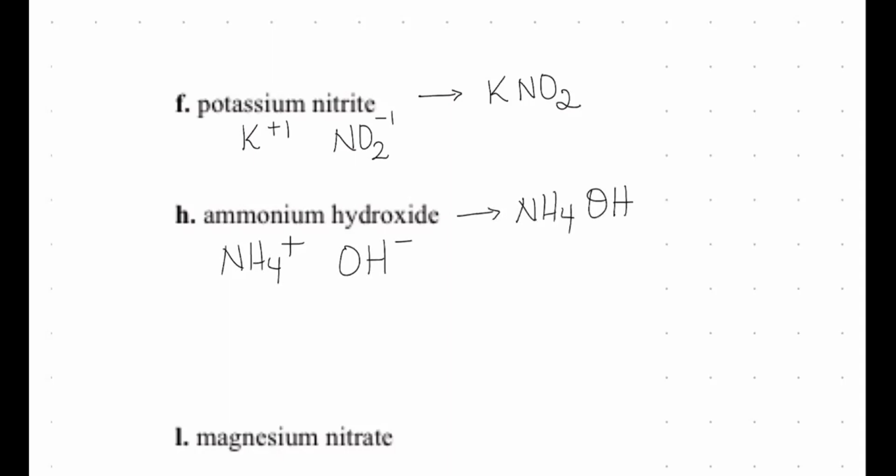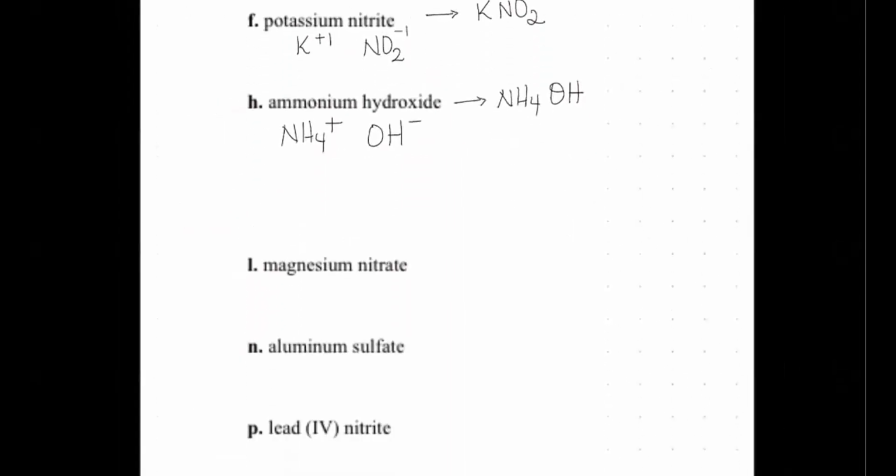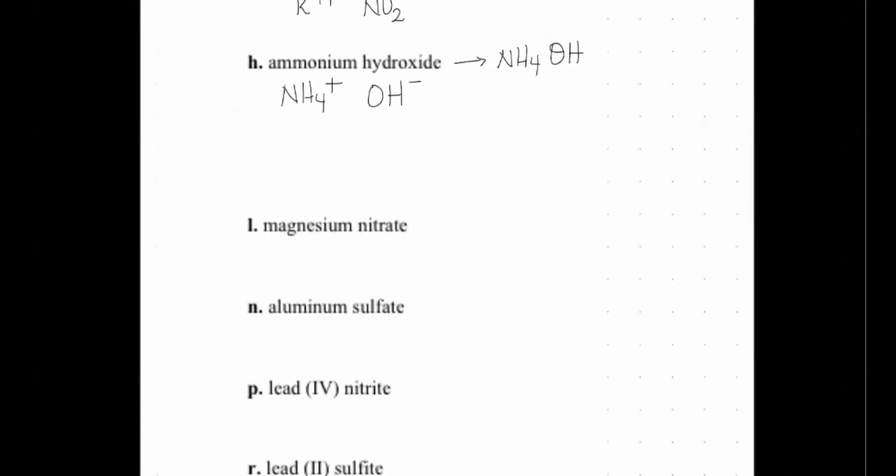I'm going to do letter L with you, and then we're going to proceed to practice the rest. When it comes to magnesium, this is Mg +2, nitrate, NO3 -1. As you can see, the charges are not canceling each other. So in this case, we have to move this value as the subscript, and this value as a subscript. Magnesium is going to get a subscript of 1, but a subscript of 1 is never written.